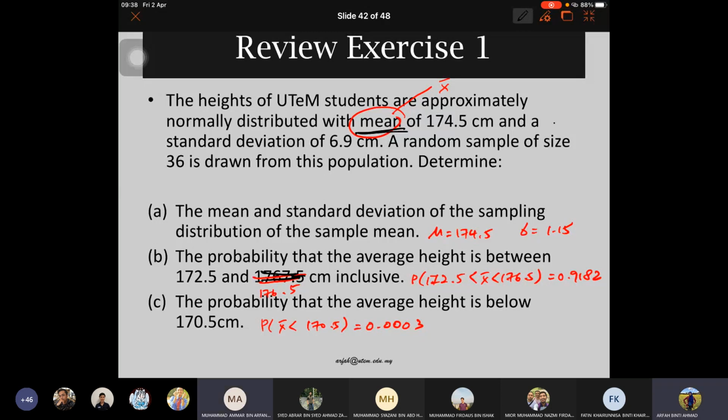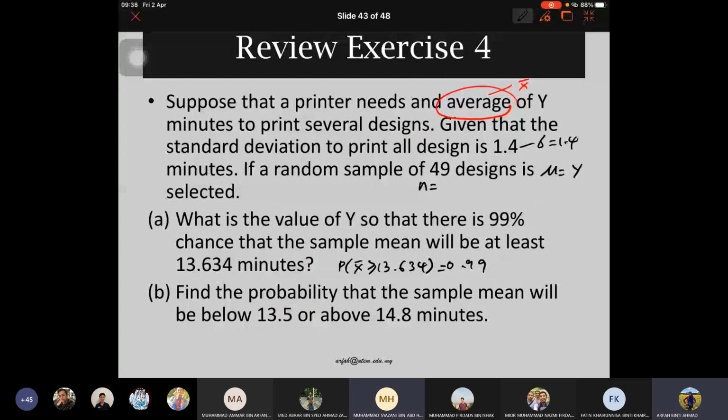Done or not yet? Dan dah salin jawapan. So, the next one, review exercise 4 ni, ianya berkaitan dengan average juga.